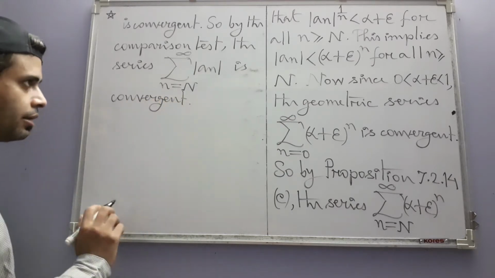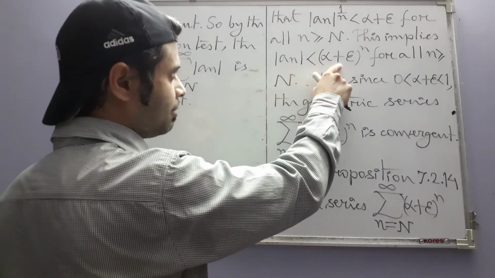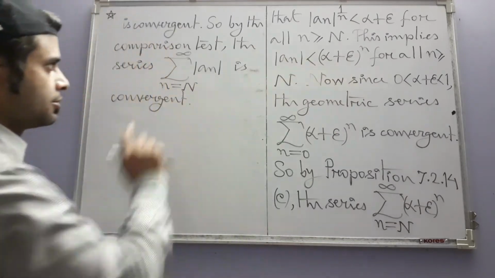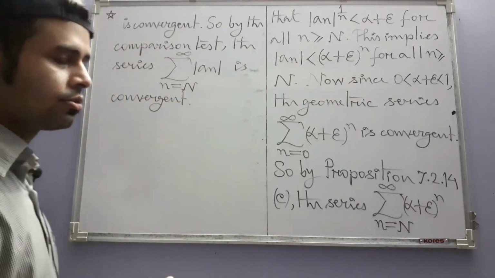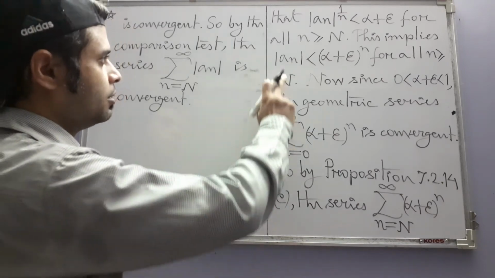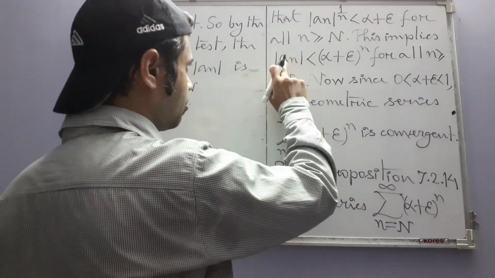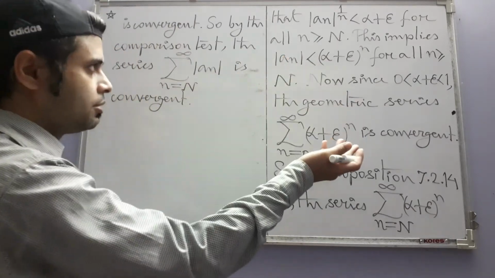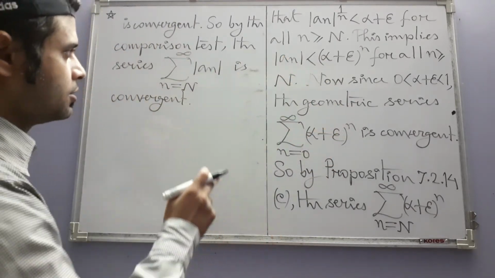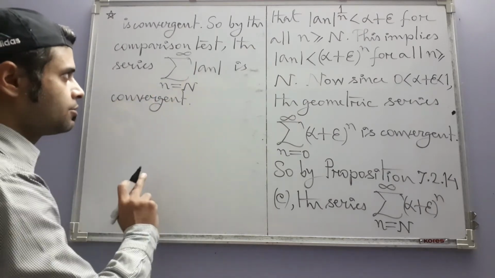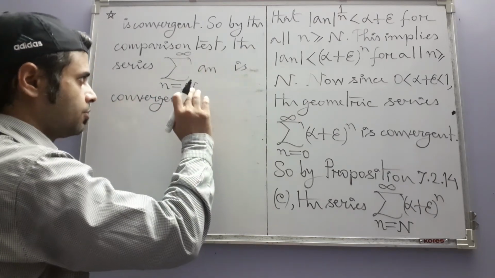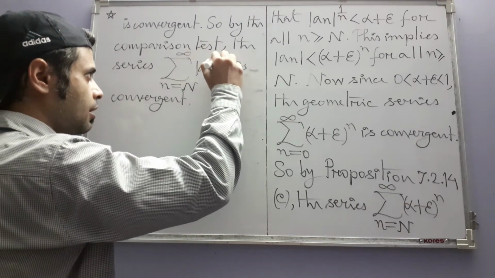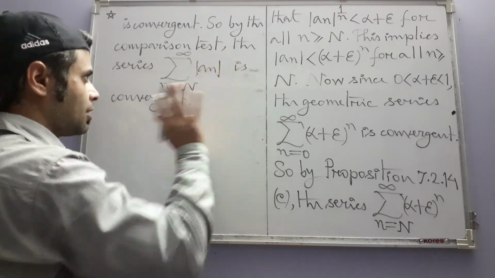Keep in mind that whatever we have in these inequalities, we have to take those exact things in the series in order to apply the comparison test. So like here we have not an but absolute value of an, so the comparison test along with these inequalities would tell us that this series is convergent, not this one. Okay, I mean, of course it will also be convergent, but that comes afterwards. First we have this.